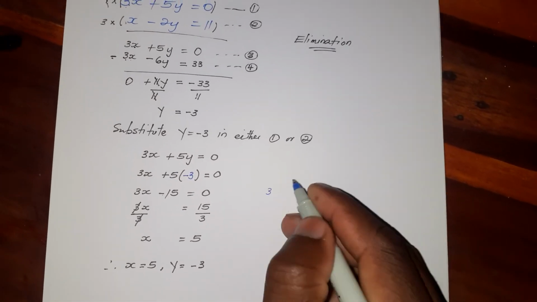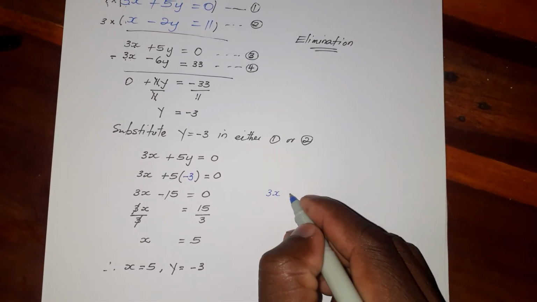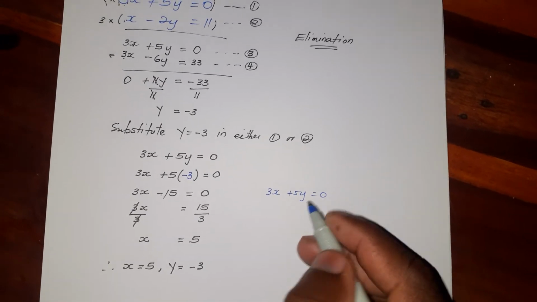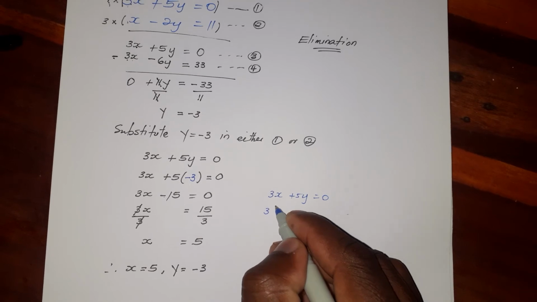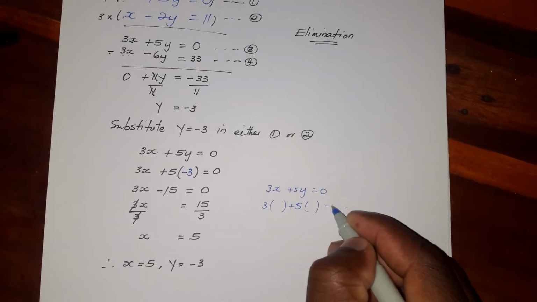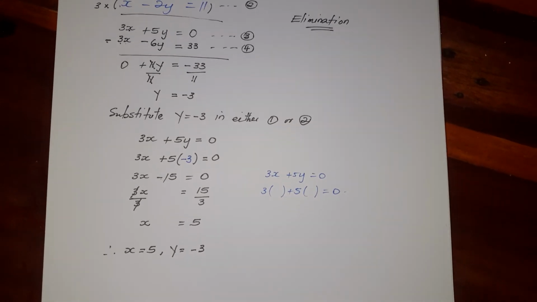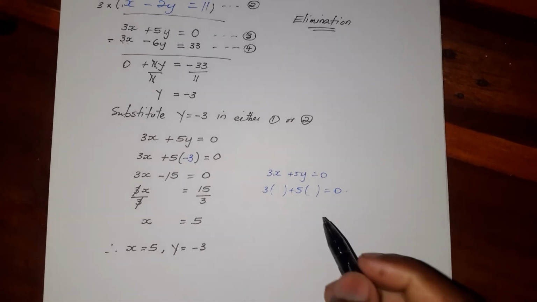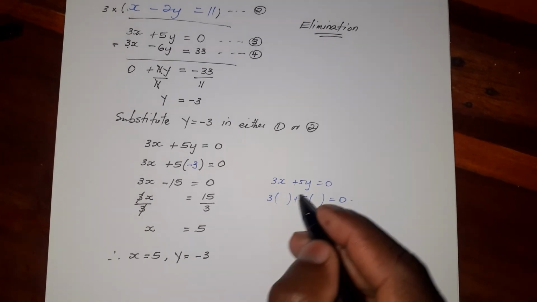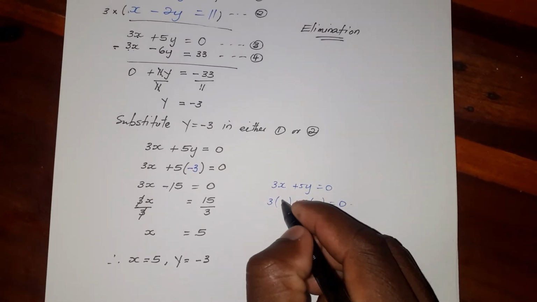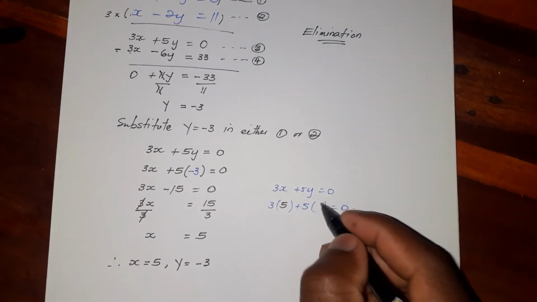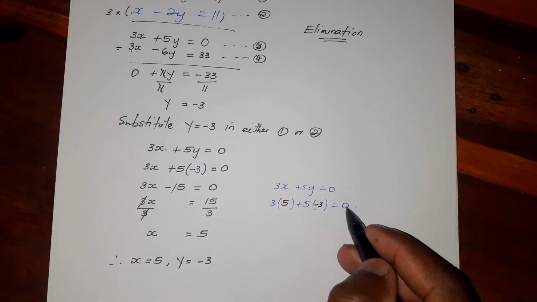We have 3x plus 5y equals 0. I have 3 here, and then plus 5, open brackets, equal to 0. In the place of x, I'll put in positive 5. In the place of y, I'll put in negative 3. Let me see if I'll get 0.